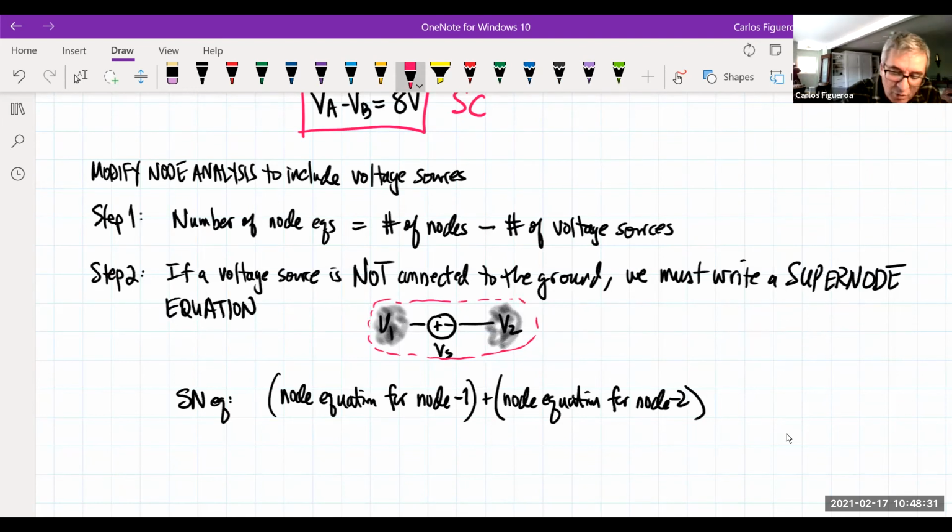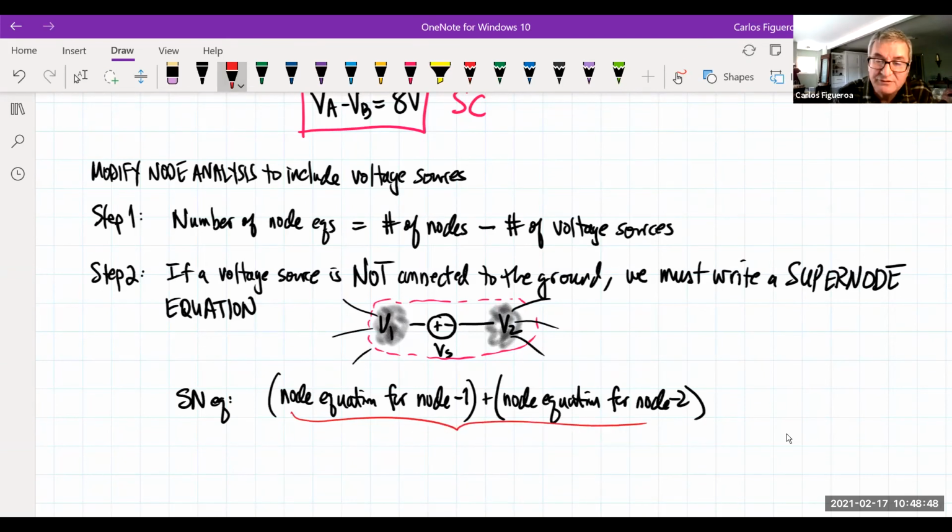So then I focus on node 1. Now node 1 may have multiple branches connected to it. So I write one supernode equation here. I write the node equation for V1, then I write the node equation for V2. And this is what I call the supernode equation. And then along these branches, I may have some source current here.